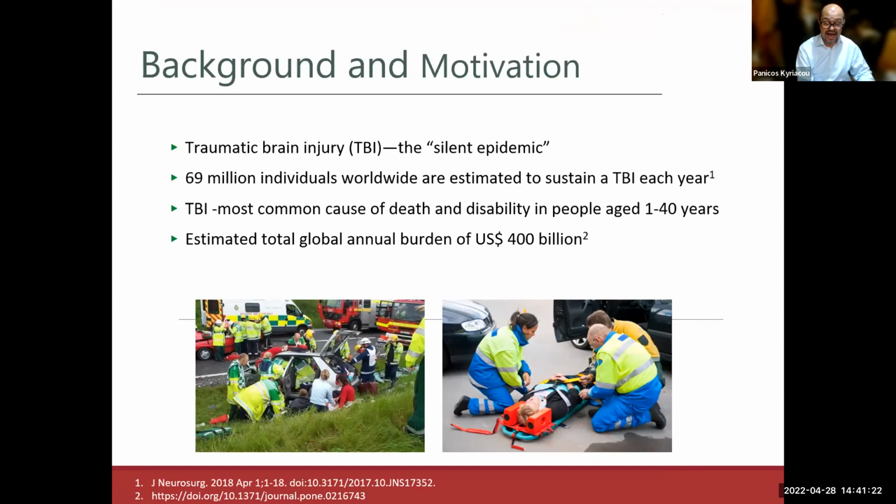This is following accidents, roadside accidents, a blow on the head. And it can happen in many places, from accidents to sports and other activities. And the bullets speak for themselves. The amount of individuals impacted by TBI per year is staggering around the world.